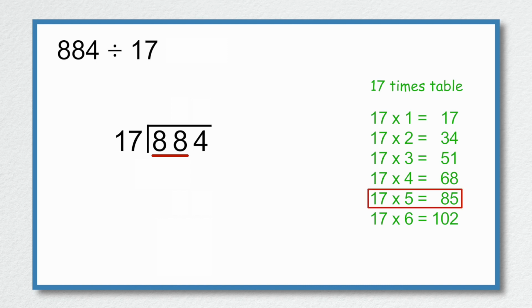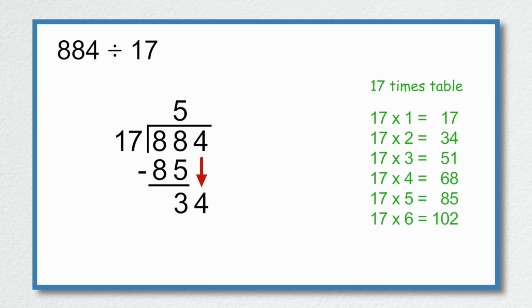We can see from our multiples of 17 that 17 multiplied by 5 is 85. 17 multiplied by 6 is too many. 17 multiplied by 5 is 85. I now subtract 85 from 88, and we're left with the remainder of 3. We now bring the 4 down. 34 divided by 17, and we can see that that is equal to 2. 884 divided by 17 is 52.